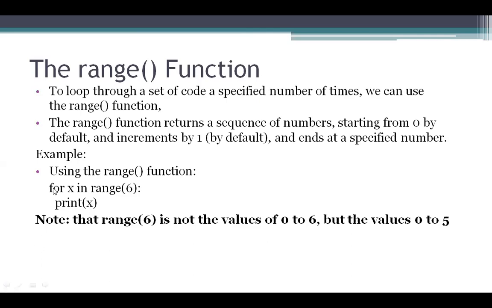So here we can see an example, for x in range 6. It means it starts from 0 and goes to 6. The values will be 0, 1, 2, 3, 4, 5. Once it finds the value 6, it comes out of the loop.